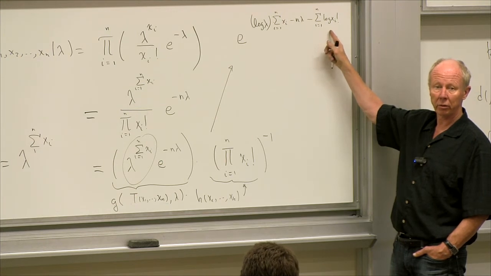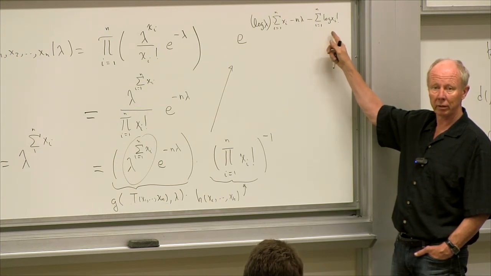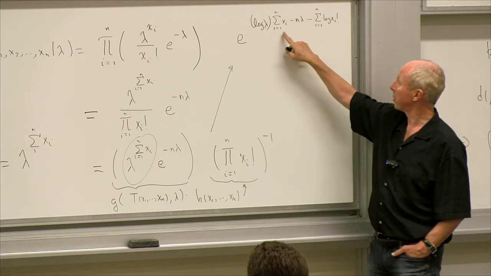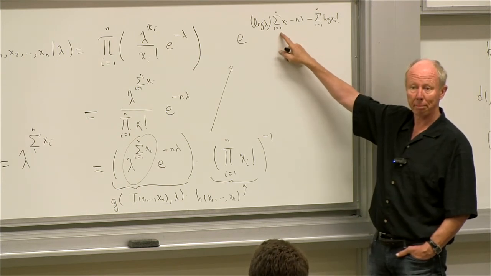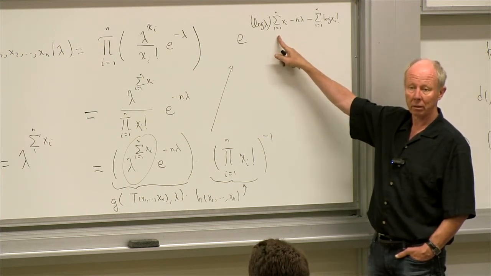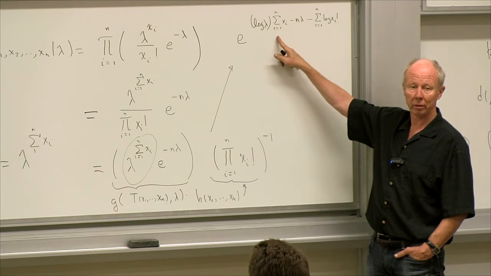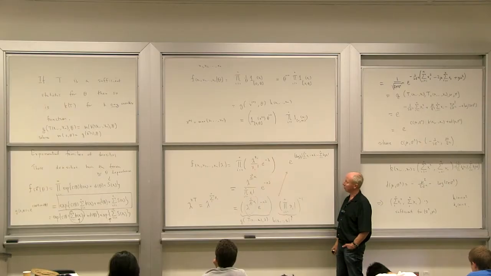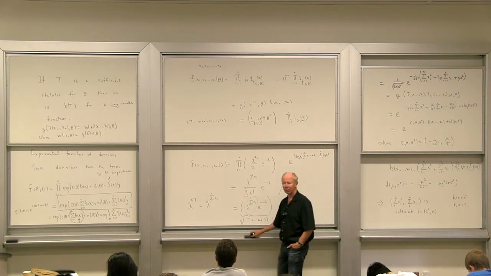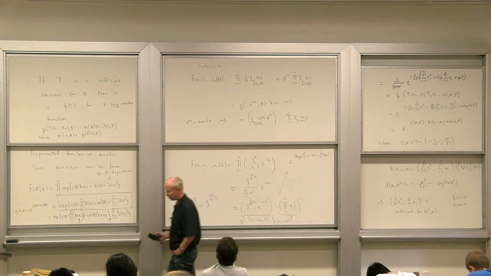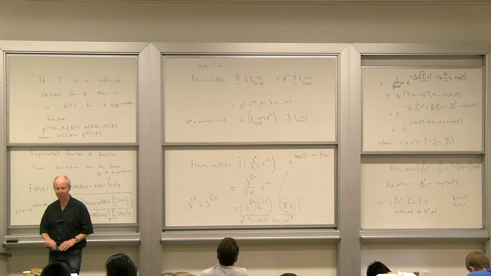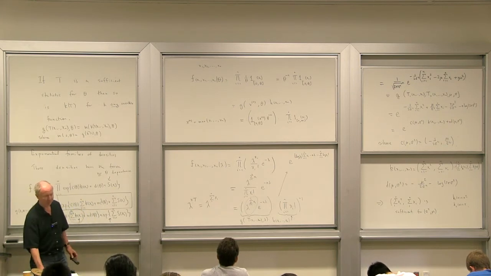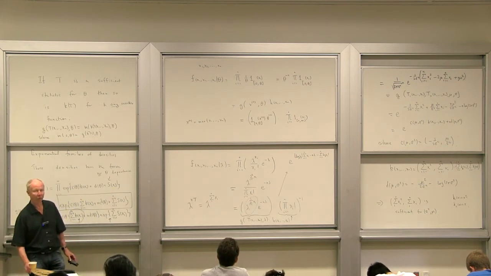So this is an exponential family. So that means this is a sufficient statistic for lambda. Can you think of any other exponential families? In your repertoire of distributions, which one do you think might be?